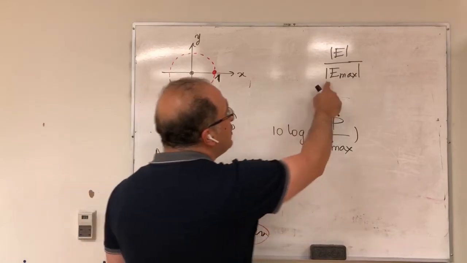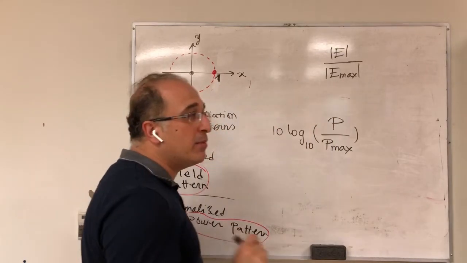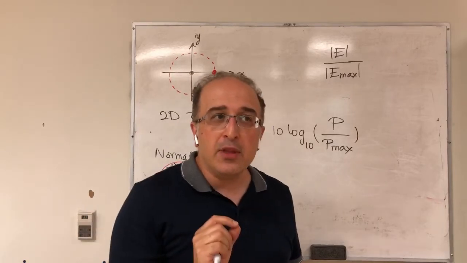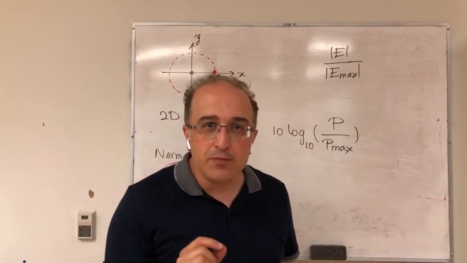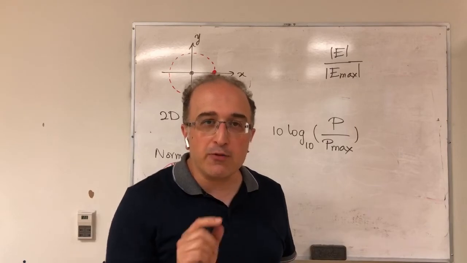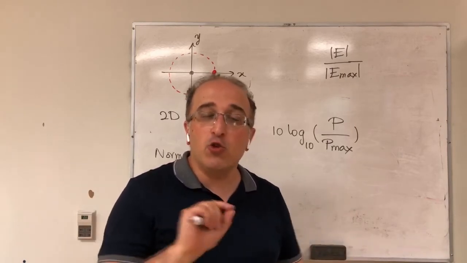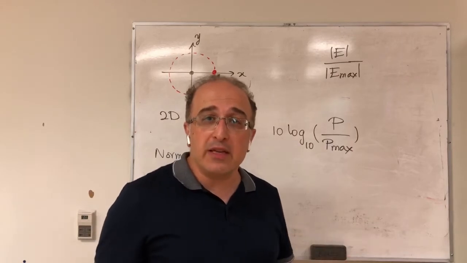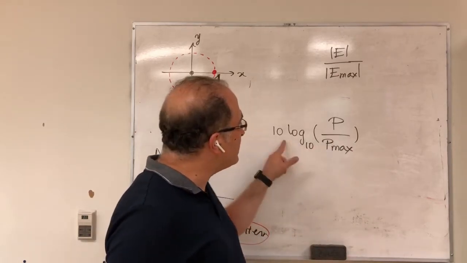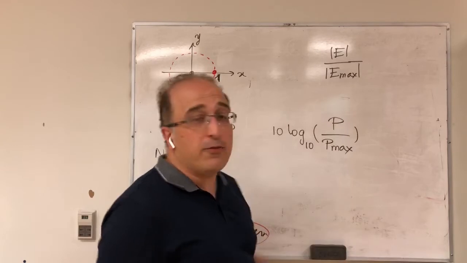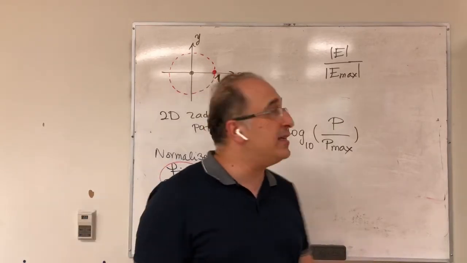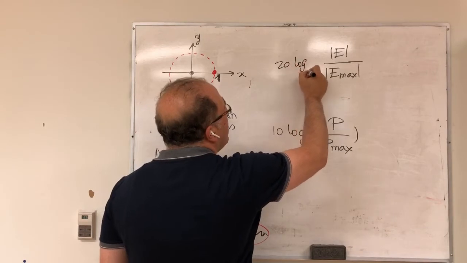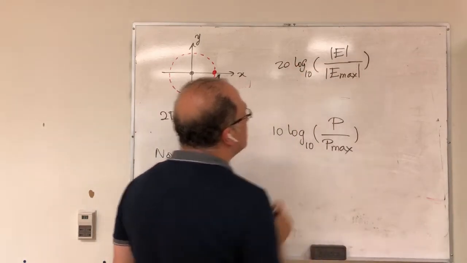Now, if you do dB for field pattern, remember, whenever you want to calculate dB of voltage, like S11, for example, it is 20 log. And electric field is like voltage, it is volt per meter. Anything power is 10 log. Electric field or voltage are 20 log. So you have 20 log base 10 to convert that to dB.